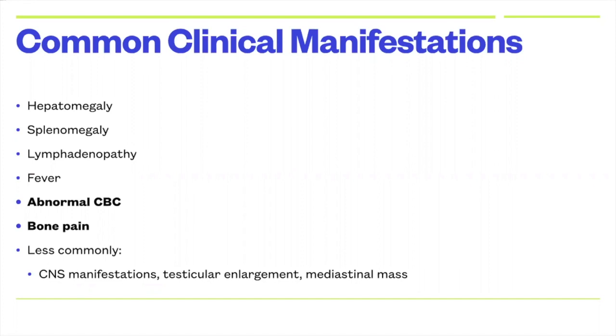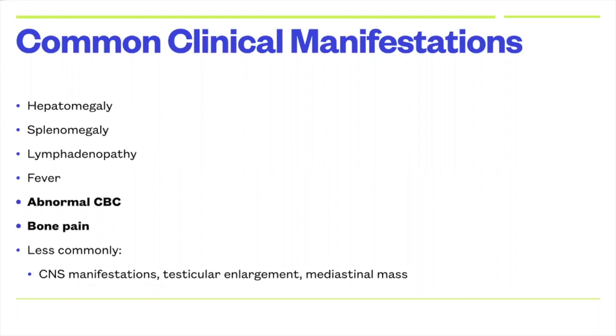This suppression of the formation of neutrophils will lead to neutropenia, which will lead to increased risk of infection, which makes sense because these patients typically have recurrent infections, which can also lead to fever. However, fever can be associated mostly with the actual lymphoblasts that are secreting cytokines.